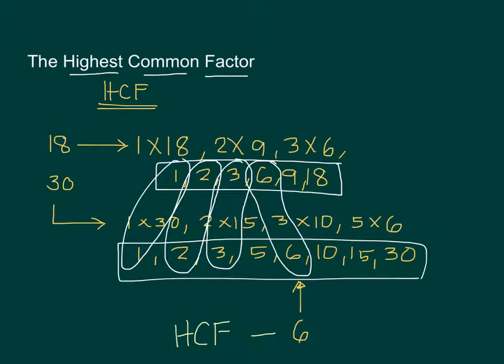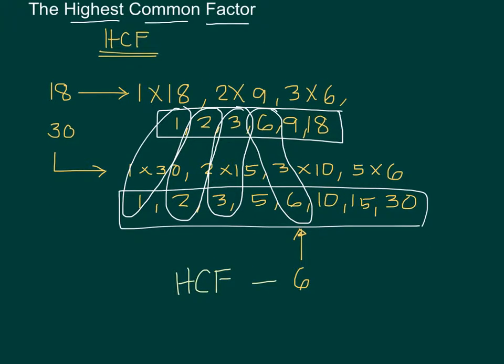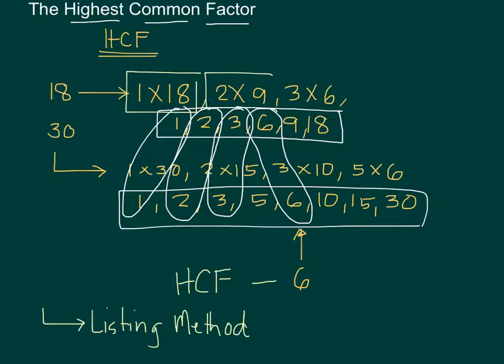This particular method that I use is what we call the listing method. Now, if you notice, the listing method requires you to really be good at knowing the factors of the given numbers.